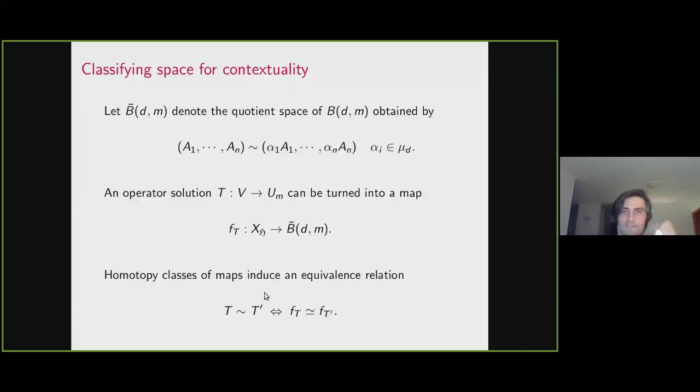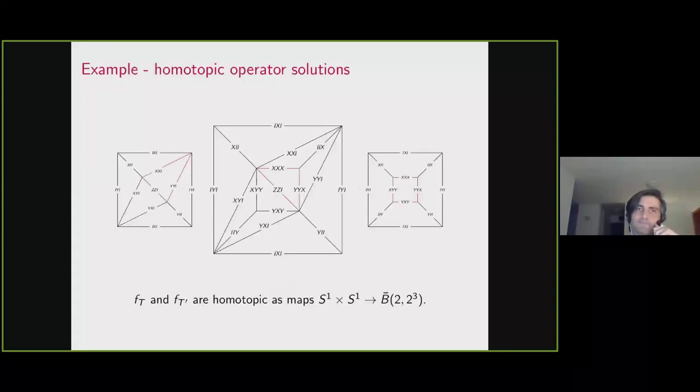So one can define an equivalence relation on the operator solutions once we have these 2 maps, because now we can introduce the relation of homotopy and say 2 solutions are equivalent if and only if the corresponding maps are homotopic. This is the way we are going to group operator solutions into classes and then study these classes.